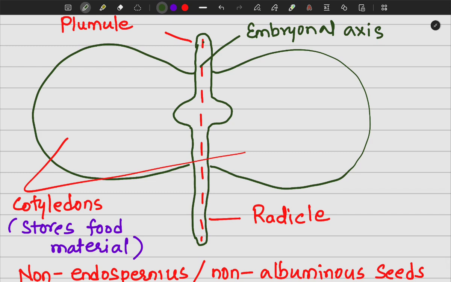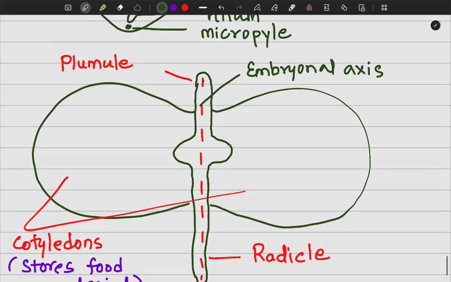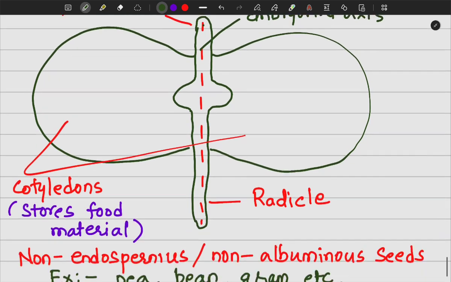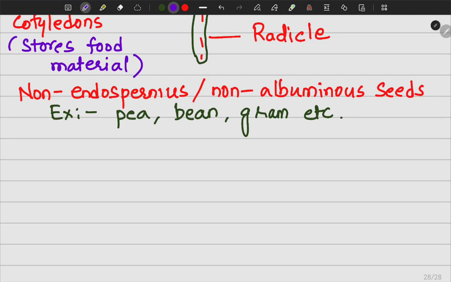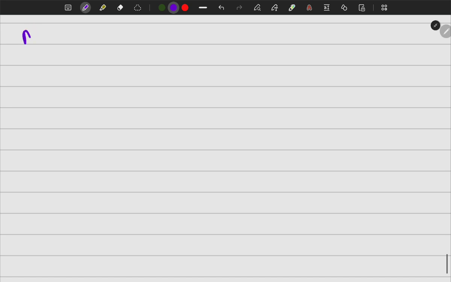Alright, so let us now move on to the next type of seed, which is the monocot seed. Let us learn about the structure of a monocot seed, monocot embryo to be precise. Now in monocots, the endosperm is not entirely consumed by the developing embryo, rather it sustains.